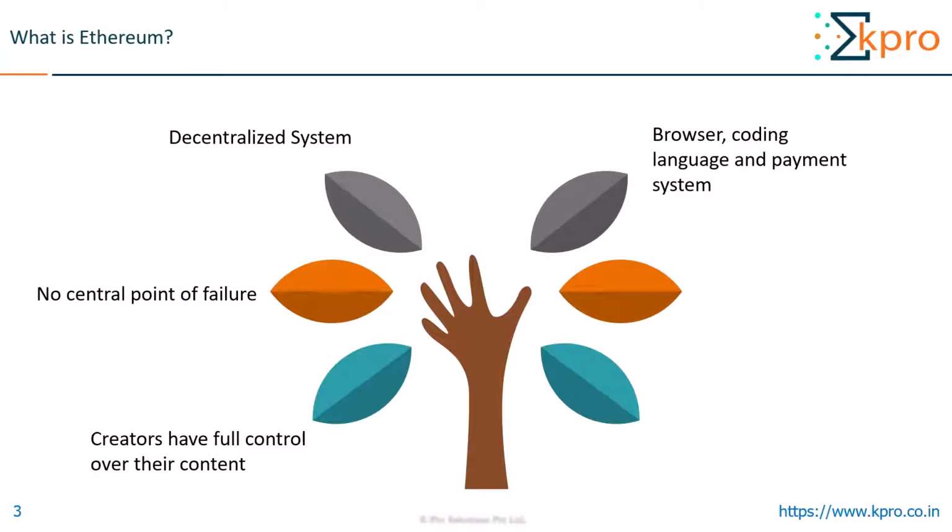Thus, in a nutshell, Ethereum is a whole network with its own internet browser, coding language, and payment systems. It also enables users to create decentralized applications, which include either implementing totally new ideas or modifying the existing applications. Here, the participating users can support and interact with each other without any controlling authority. So this is basically what the Ethereum blockchain is.